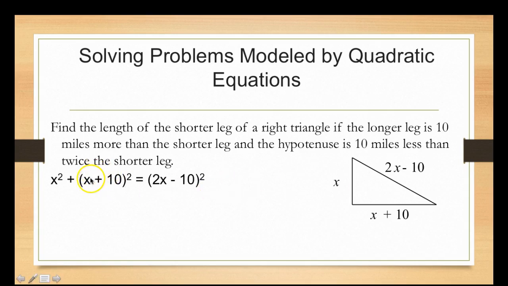So now in this case, I must square this binomial and square this binomial. Remember, to square the binomial, you must do x times x, then x times 10, then 10 times x, then 10 times 10, and the same with this binomial as well. And then combine like terms.